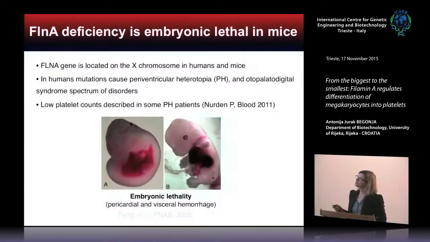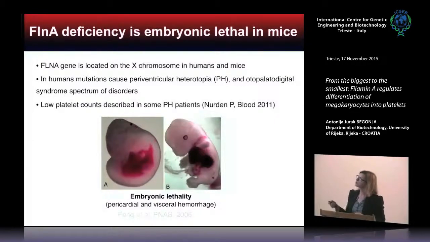In humans, mutations in this gene cause periventricular heterotopia, which is a disorder that causes malformations in the central nervous system, in guts, and cardiovascular malformations. And then there is another spectrum of disorders called otopalatodigital syndrome, which affects the skeleton. So it depends on the type of the mutation, if it's going to be this one or this one.